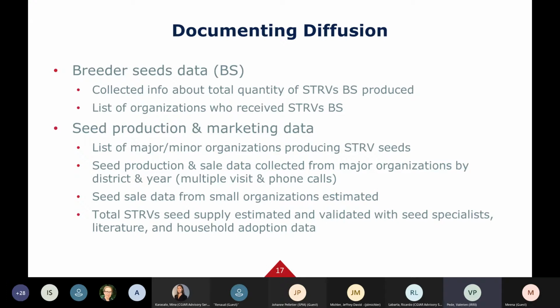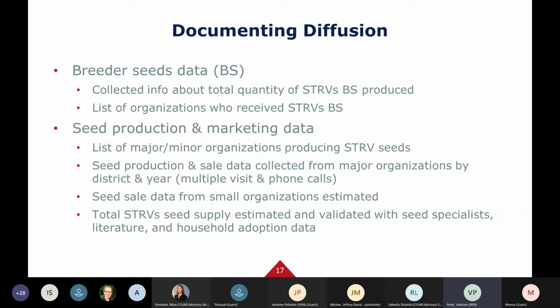And with regard to seed production and marketing, we identified all the major organizations who are producing STRV seed. And through multiple visits in the local offices of these organizations, we were able to collect data on seed production and also on seed sales. There was also a lot being done by some small organizations.